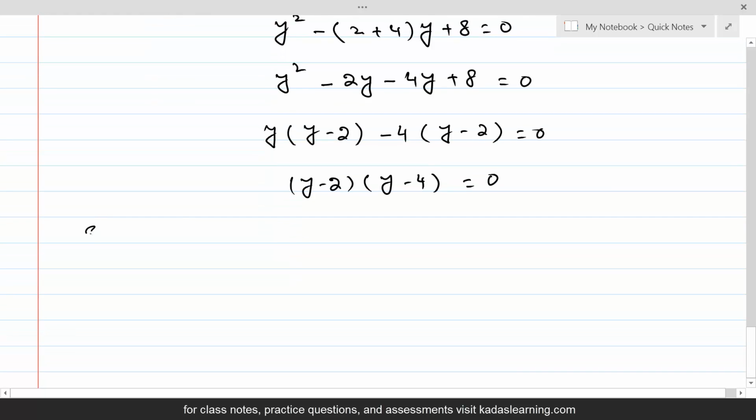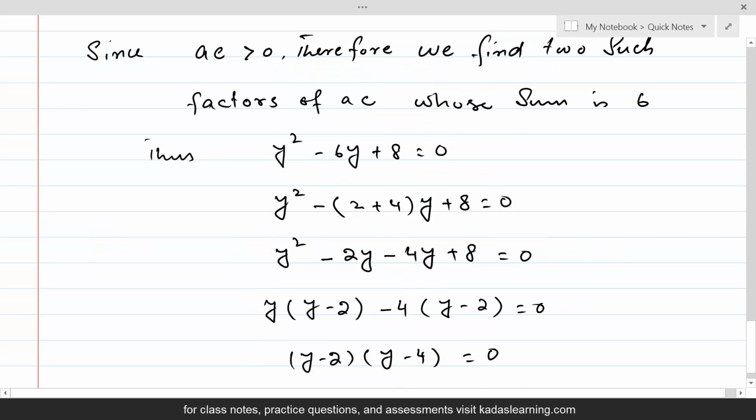Either y minus 2 is equal to 0 or y minus 4 is equal to 0. If y minus 2 is equal to 0, then y is equal to 2, or y is equal to 4. Now remember what y was equal to to begin with.